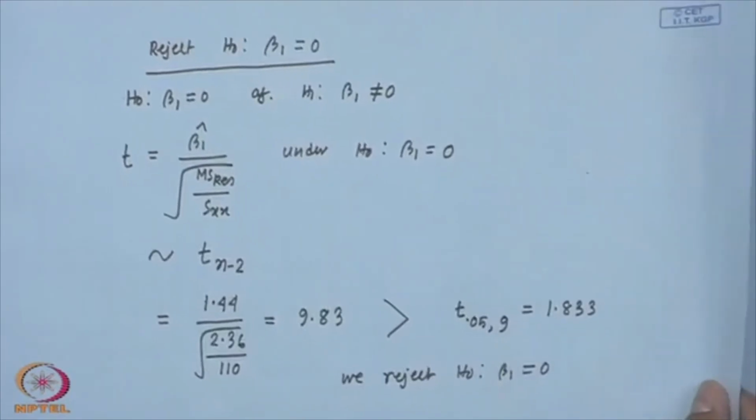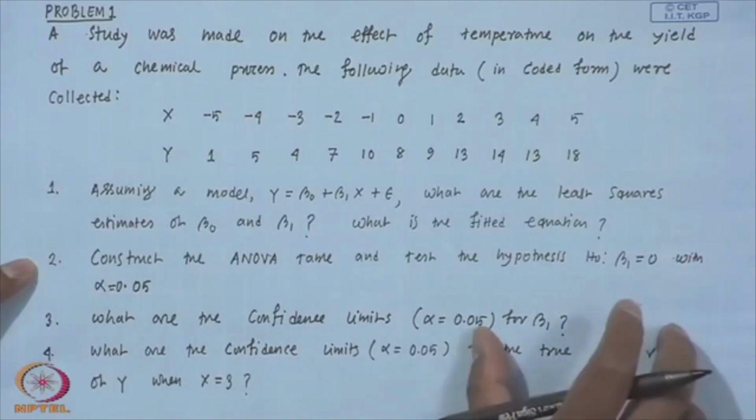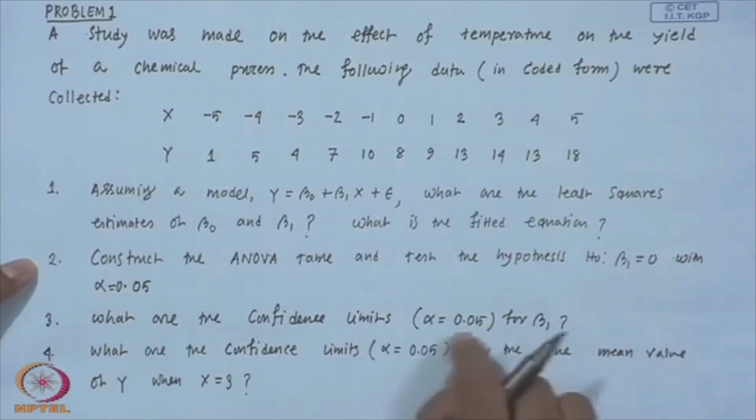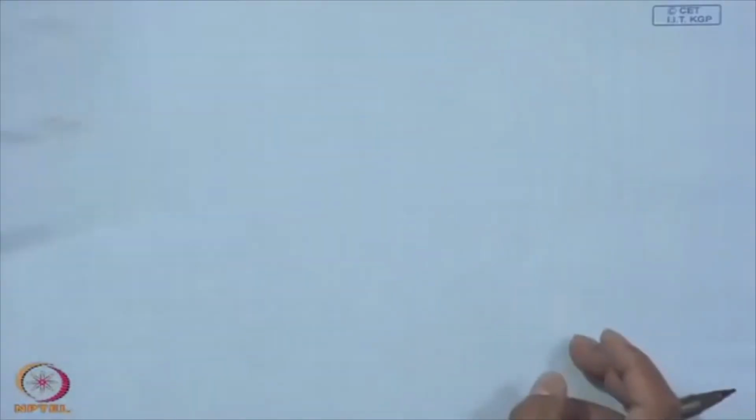Okay. So, next we will go for the third problem. What are the confidence limits for beta 1 at 0.05 level of significance? Okay.